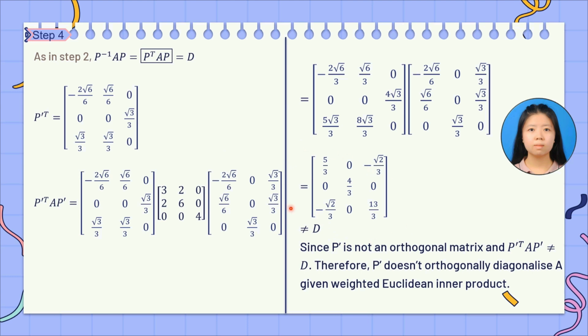We get the matrix 5 over 3, 0, negative 2 over 3, 0, 4 over 3, 0, negative 2 over 3, 0, 13 over 3, which is not a diagonal matrix. Since P prime is not an orthogonal matrix, and P prime transpose times A times P prime is not equal to D, we conclude that P prime does not orthogonally diagonalize A given the weighted Euclidean inner product.